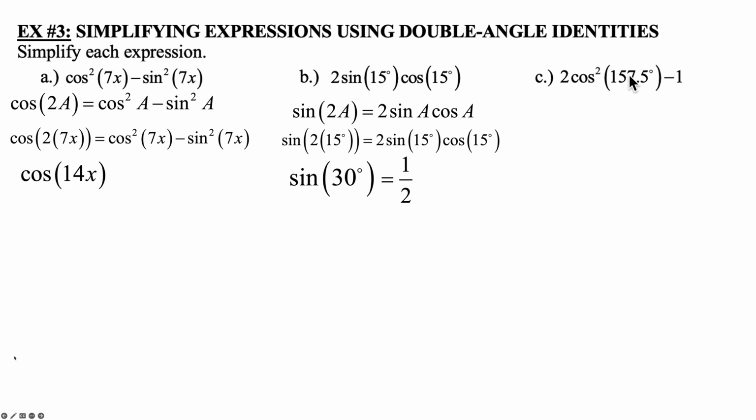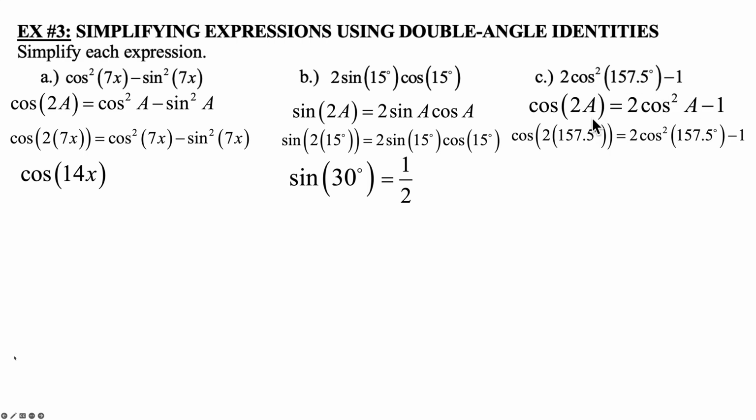Oh, we got an ugly angle here for C. This definitely looks like a cosine of a double angle here. So A is playing the role of 157.5 degrees, so let's put that in both spots. Let's simplify this. Let's see, 2 times 157.5. That looks like this could be 315 degrees.